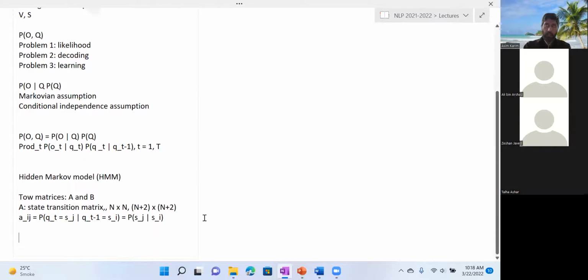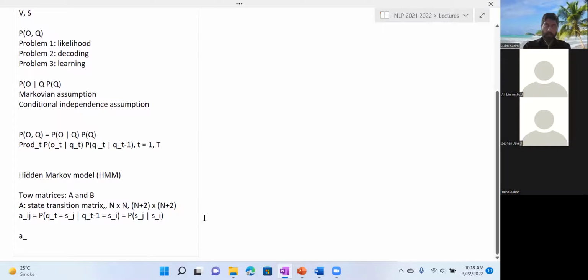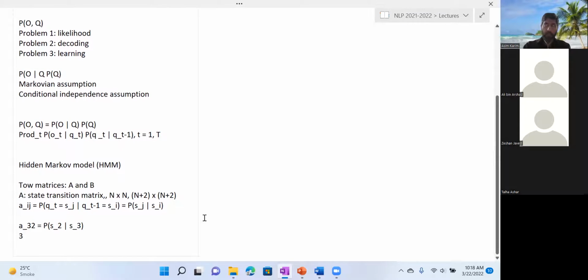So if I talk about, let's say, the element 3, 2, what is this? This is the probability of moving from state 3 to state 2. So S2 given S3. In other words, this is the probability of going from 3 to 2.